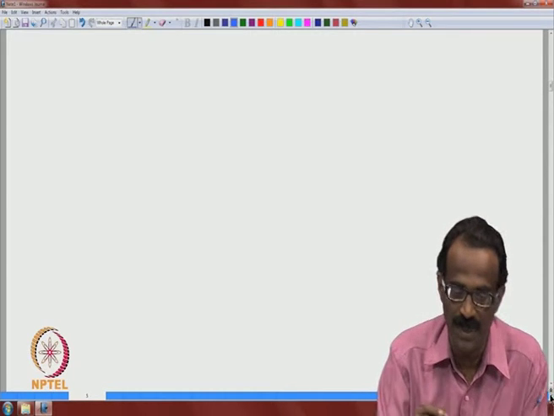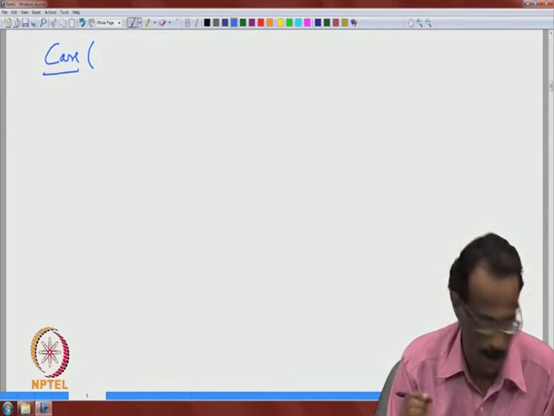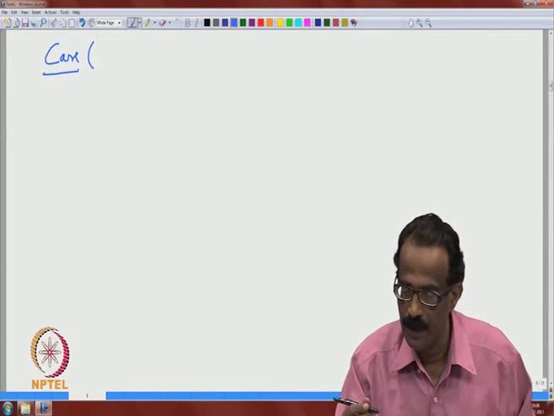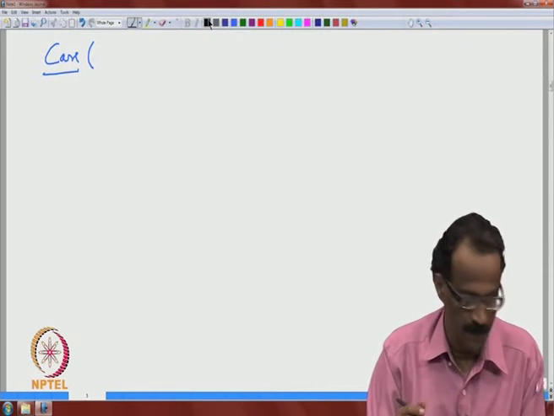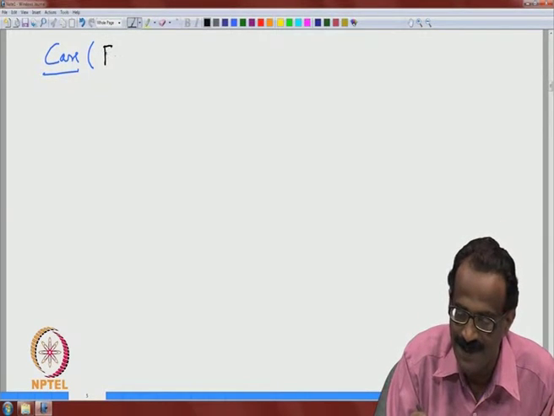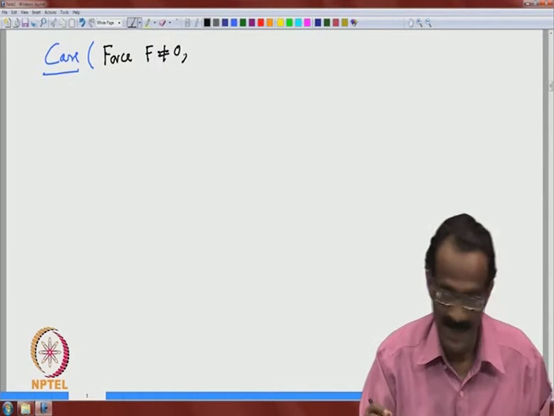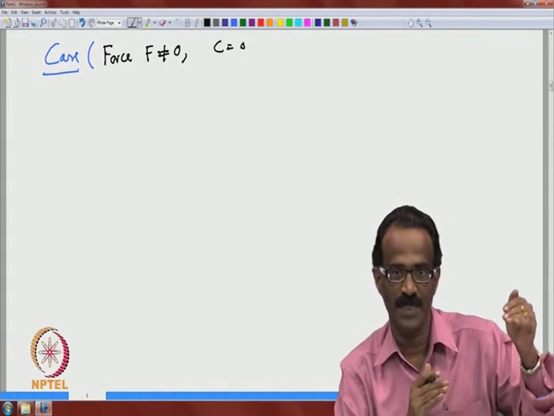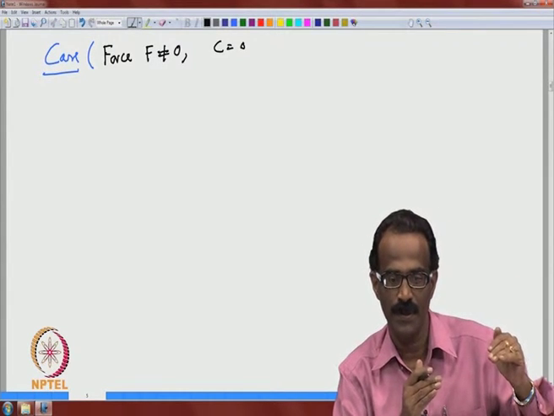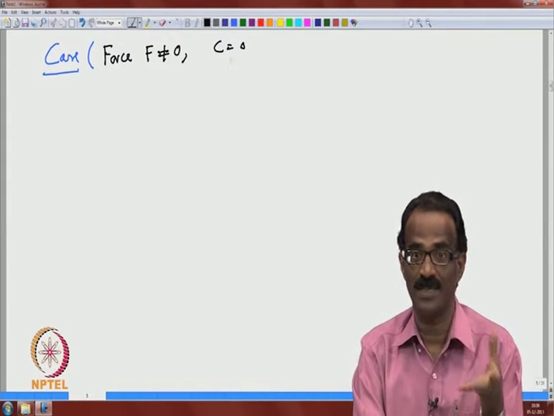Now, let me go to the next case, where you have the force F not equal to 0, but you take C equal to 0. So, we analyzed the case when F equal to 0, both C equal to 0 and C not equal to 0, and now we are trying to analyze the case when there is an external force.